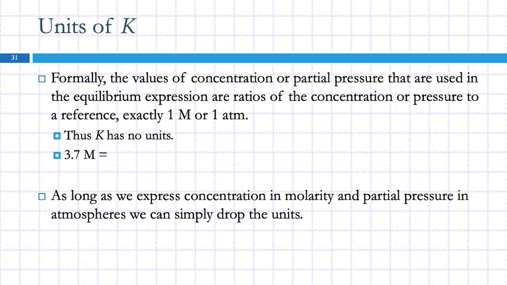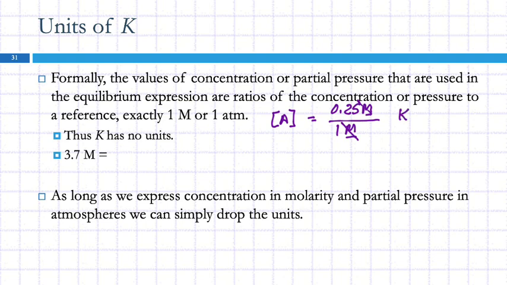So if we're talking about the concentration of A, that's going to be, let's say, 0.25 moles per liter divided by 1 mole per liter. And so the units cancel out, and thus the equilibrium constant has no units, because they've canceled out in the concentrations and the pressures.